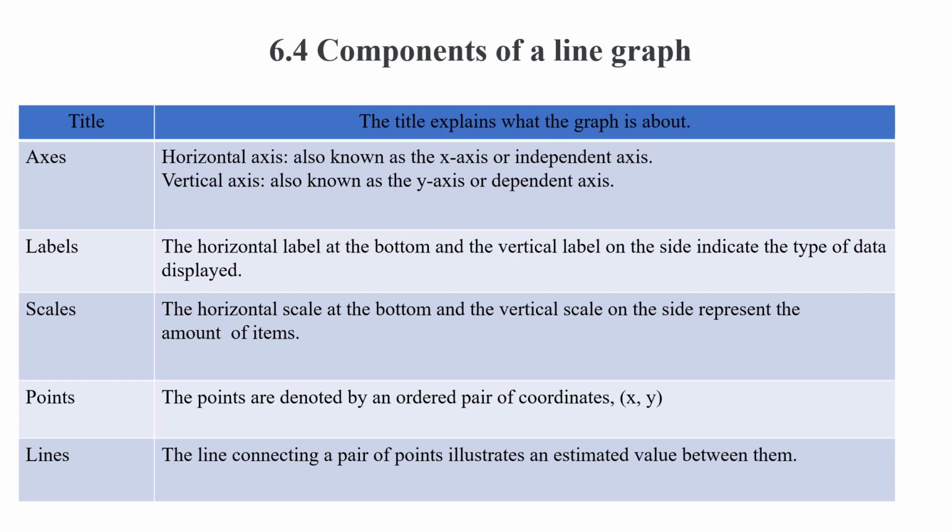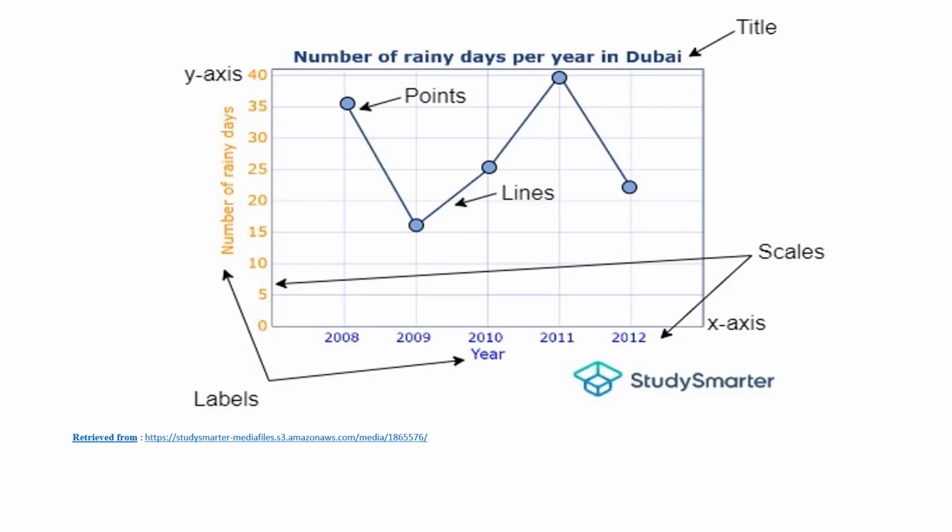Scales. The horizontal scale at the bottom and the vertical scale on the side represent the amount of items. Points. The points are denoted by an ordered pair of coordinates, X, Y. Lines. The line connecting a pair of points illustrates an estimated value between them.